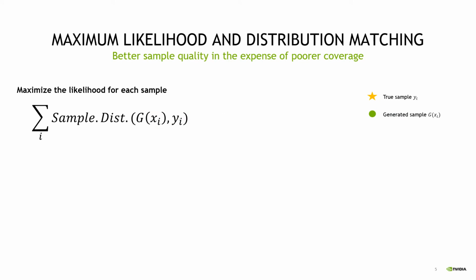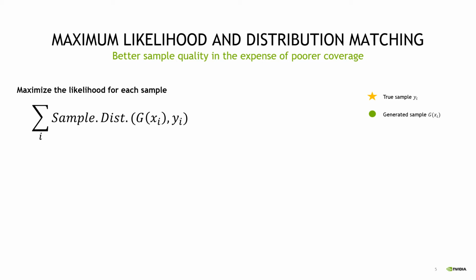There are two popular objectives to train a semantic image synthesis model. One is maximum likelihood learning, and the other is distribution matching. In maximum likelihood learning, we want to maximize the likelihood of each sample under the target distribution.